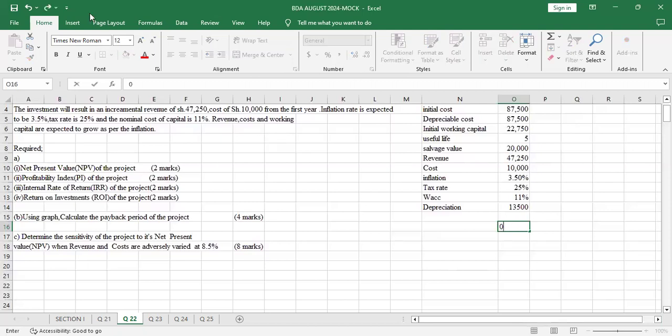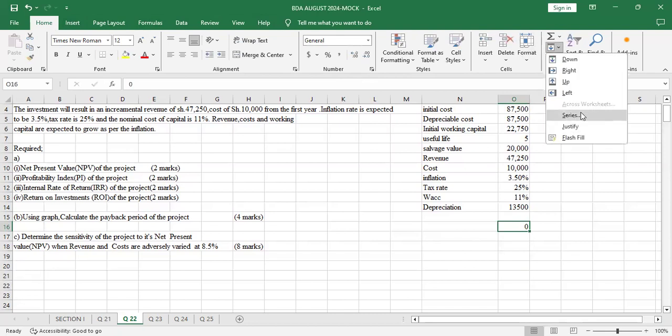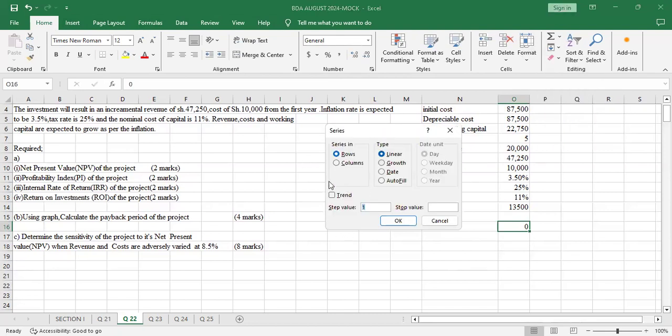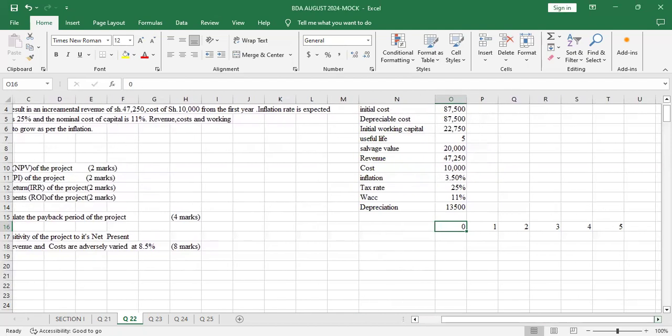So you go to home, then you go to series. Then it's within a row. So my step value will be 1, and I'll stop at 5. Then you just say okay, and you'll have the years there.